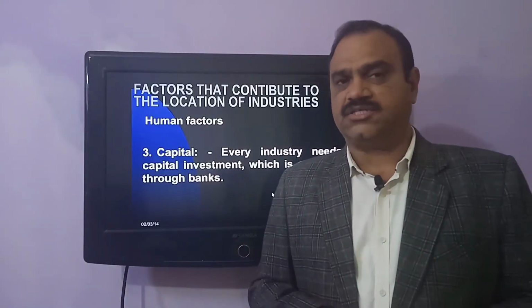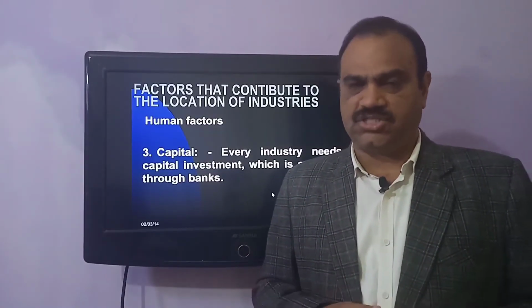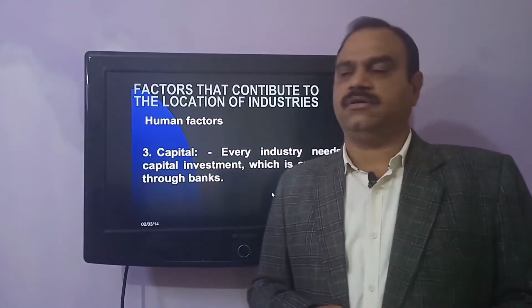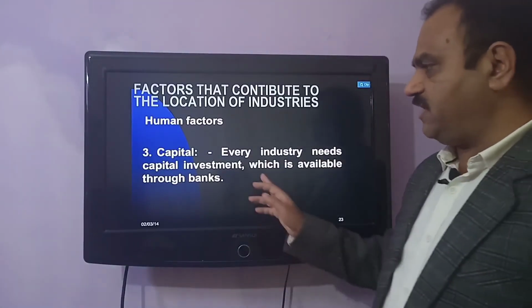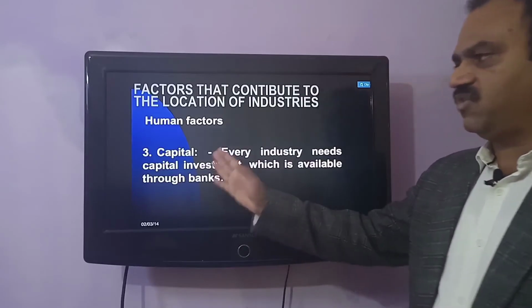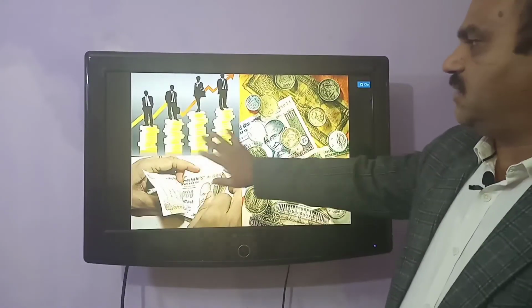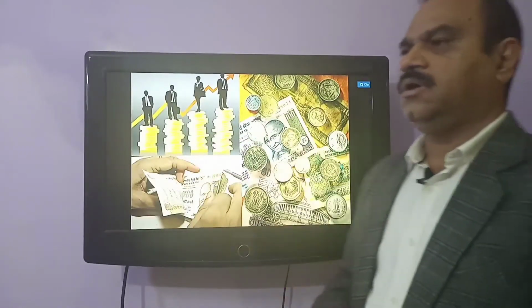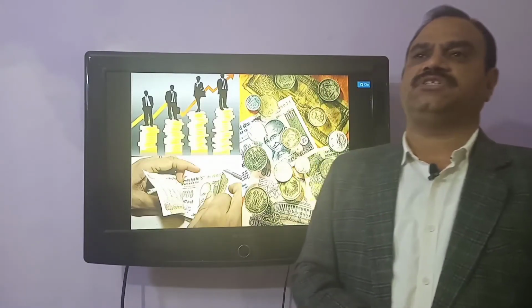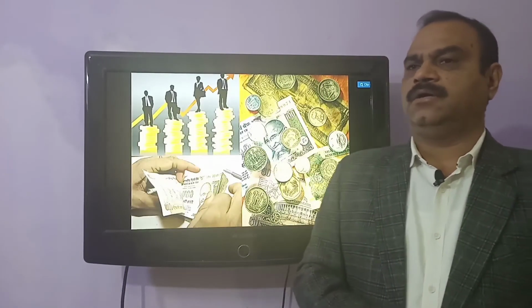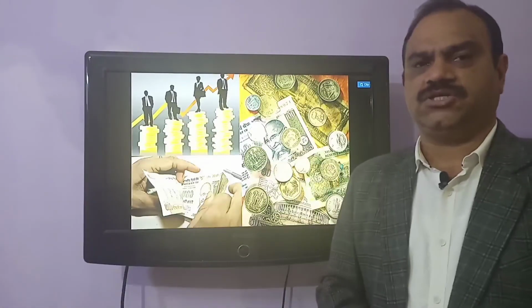For any industry, money or cash is required, and the demand for finance is met through the banks which are available at those places where most of the industries are located. So here you see that money plays an important role in the location of the industries. All those states which have good financial facilities for the industrialist entrepreneurs, we see that a major chunk of industries are located at those places.